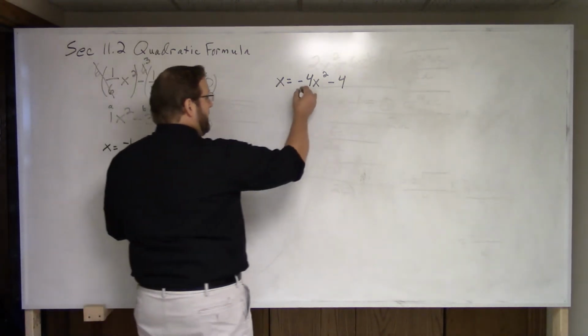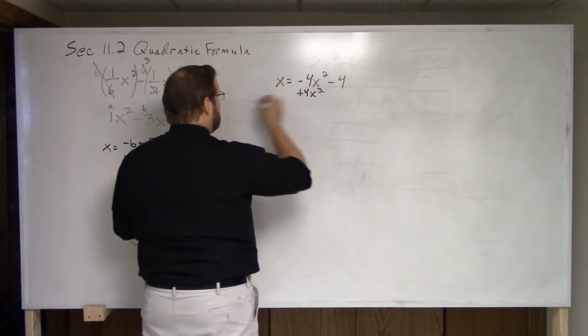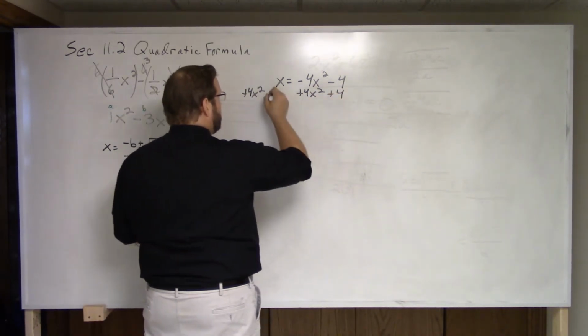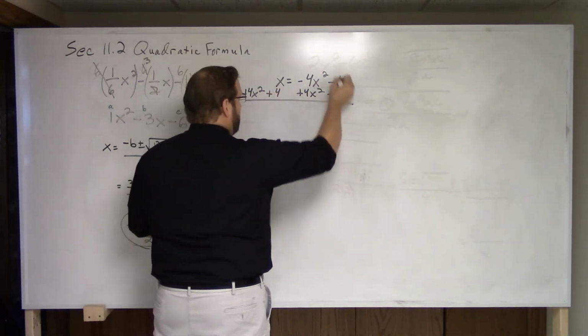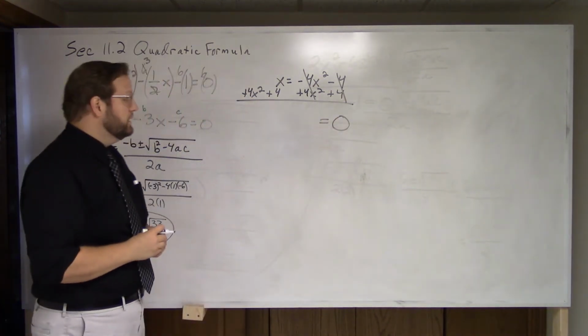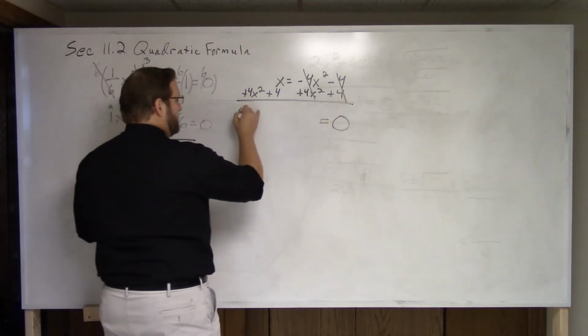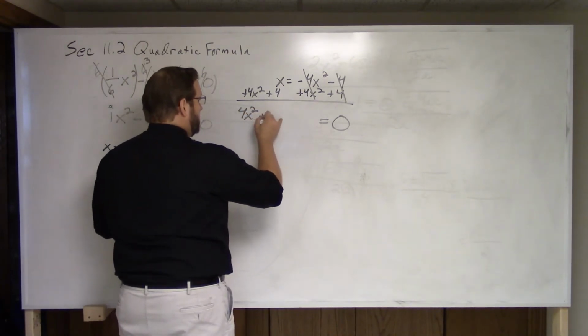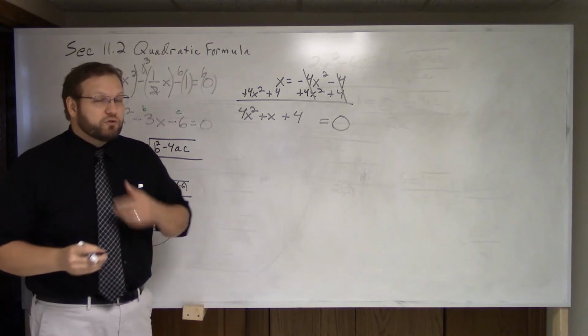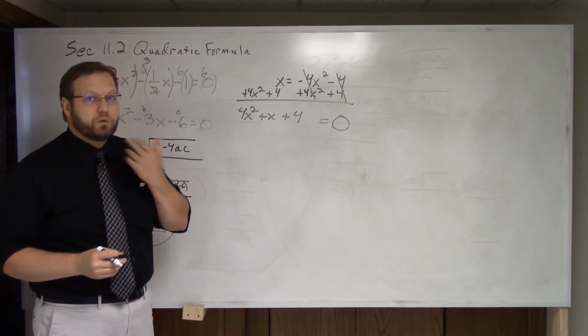So that means I'm going to add this over, and then add this over. That clears out that right side. Now the left side is 4x squared plus x plus 4. If you try to factor that, that's not going to work.